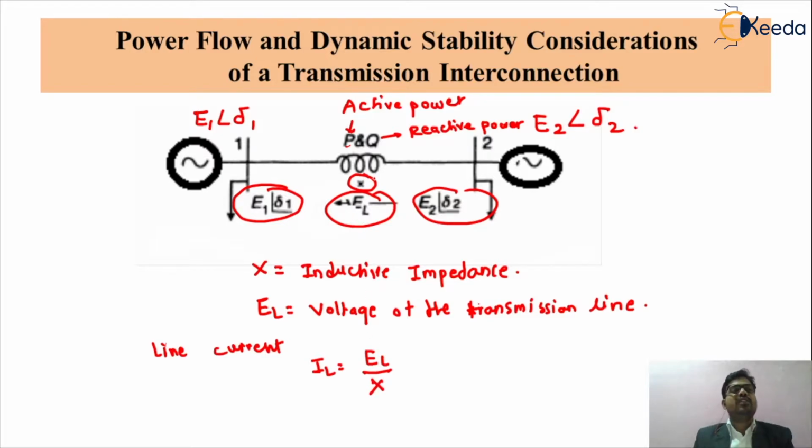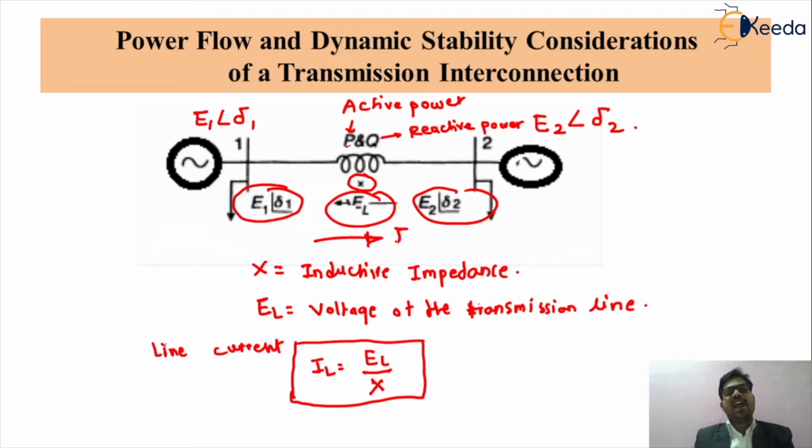It is the voltage of your transmission line. And what do we mean by X? X is the inductive impedance of your given transmission line. Friends, this is a very important formula. By using this formula, we can get the value of your line current, which flows through that particular transmission line, and we call this line current IL.